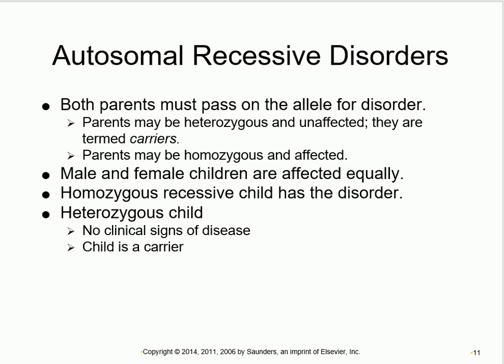Which chromosomes? Is it from 1 to 22, or is it number 23? 1 to 22, I call it autosomal. If it's 23, I call it X-linked. So for autosomal recessive disorders, both parents will pass an allele, and you have to have a combination to be affected.